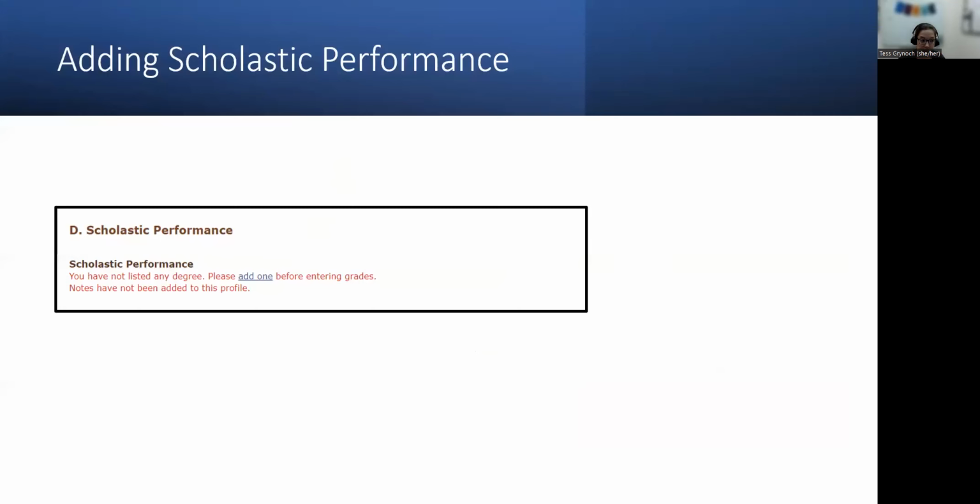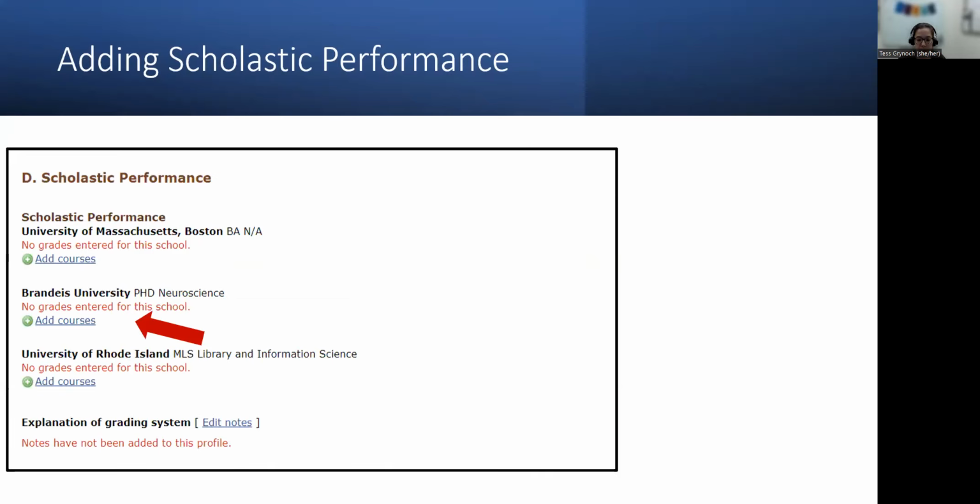If you have not entered any degrees into that education and training section, you're not going to be able to see or list anything for your scholastic performance. So you do need to do that education and training first before getting to this section. And once your degrees are added, you will see the ability to add courses for each degree.